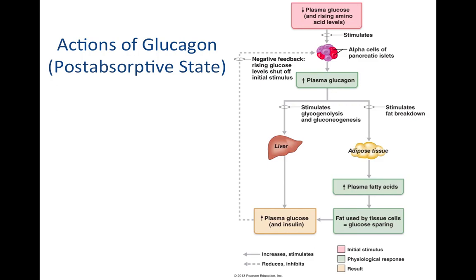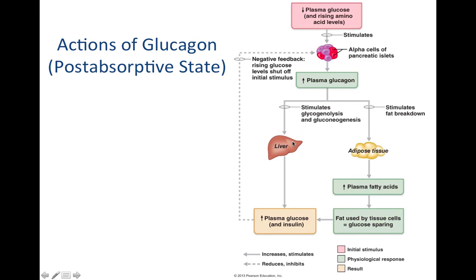Here's a summary of the actions of glucagon, which will be the main hormone responsible for regulating this post-absorptive state. So if you have a decrease in your plasma glucose or rising amino acid levels, blood sugar is dropping, you need to make sure that it stays up. This stimulates the alpha cells of your pancreas to secrete the hormone glucagon.